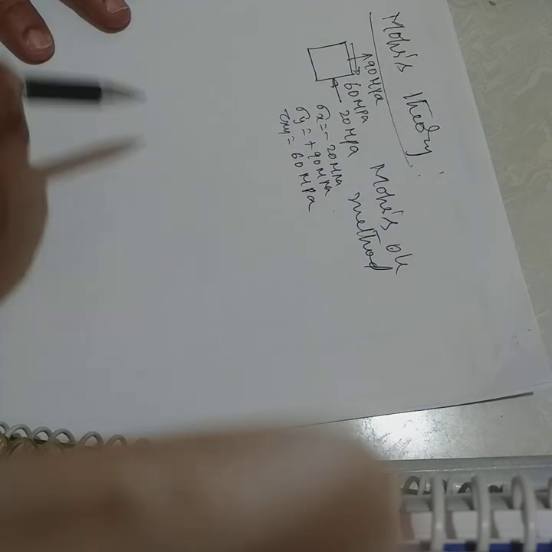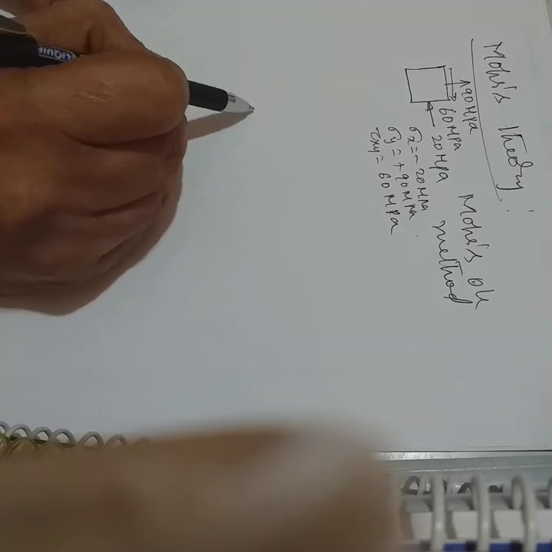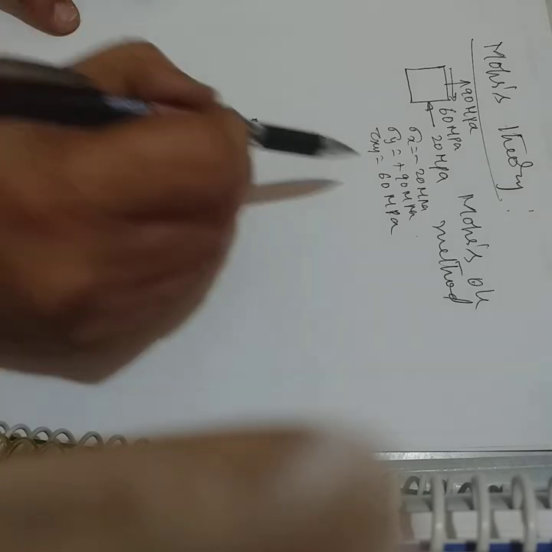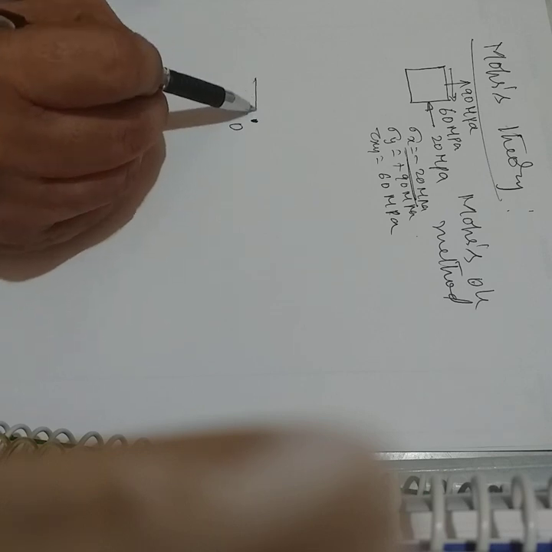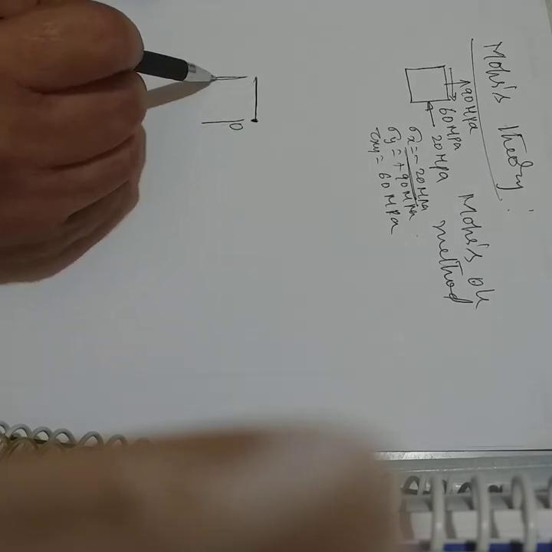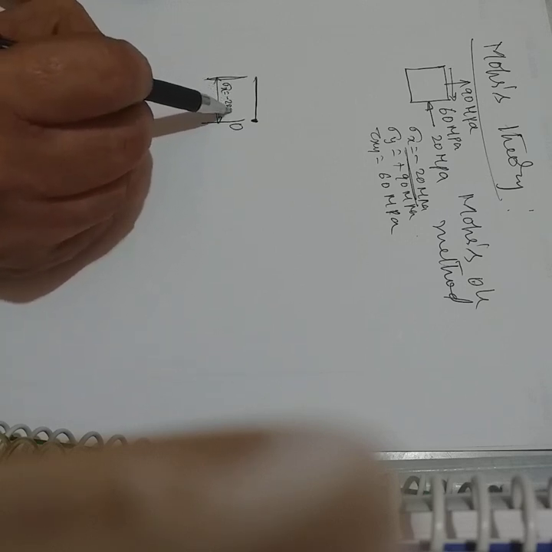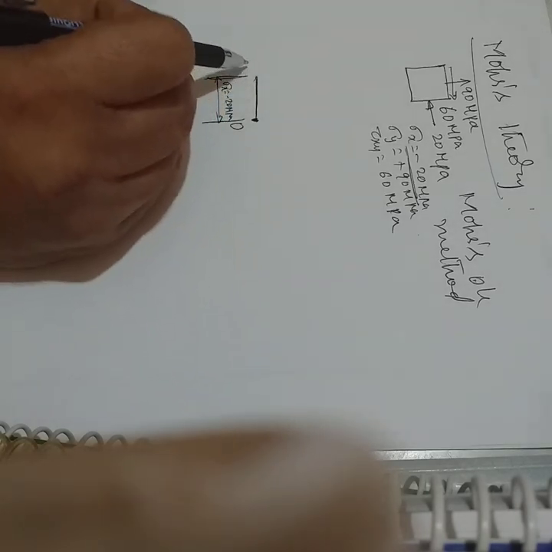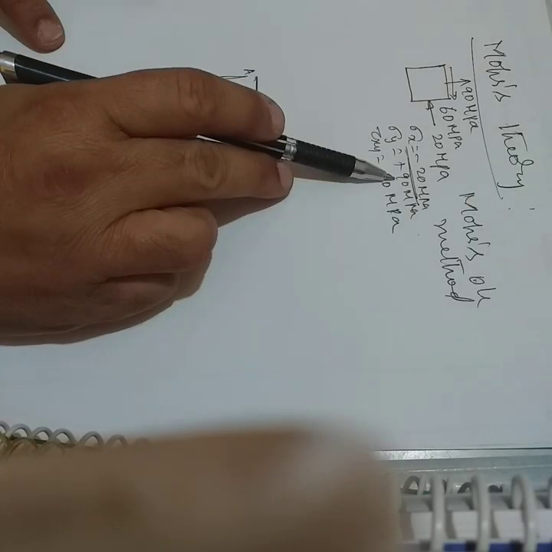For construction of Mohr's circle, select any point, call it maybe O. Since my sigma x is minus 20, I travel to the left of this selected point, to some suitable scale, by a distance of 20, that represents sigma x equal to minus 20 megapascal. Maybe I call that point A. Then I have sigma y as plus 90.